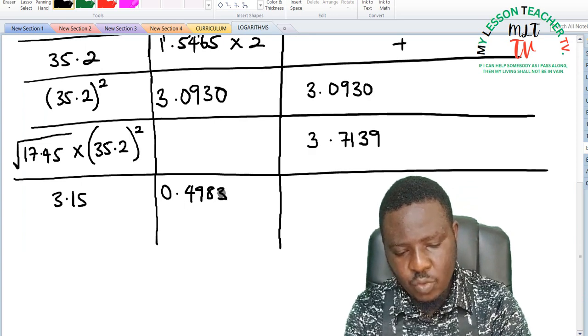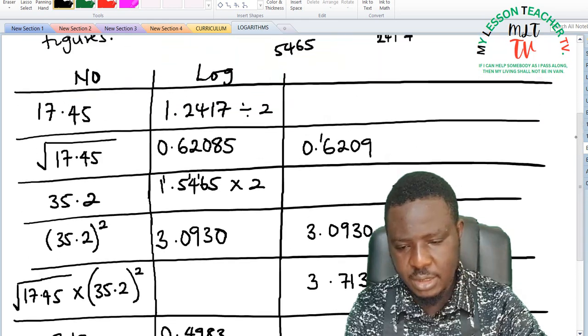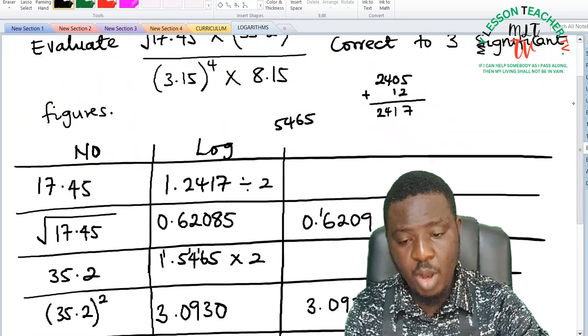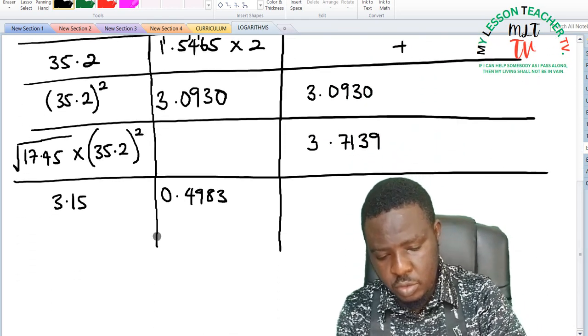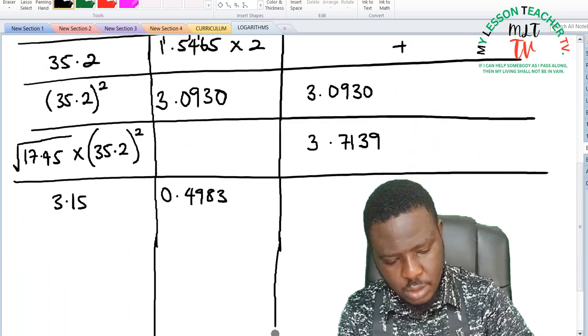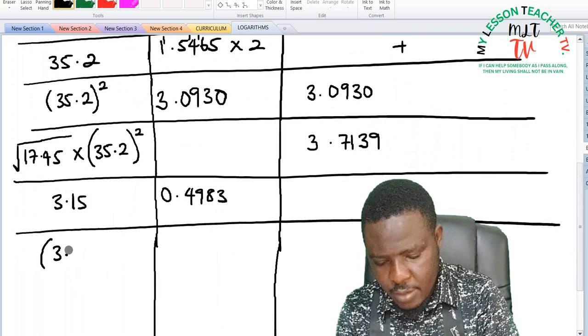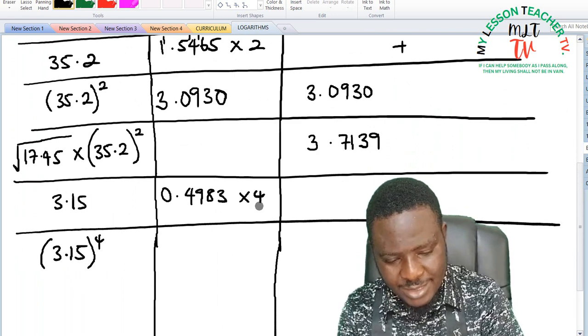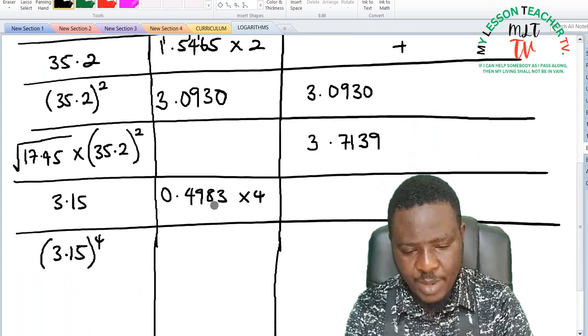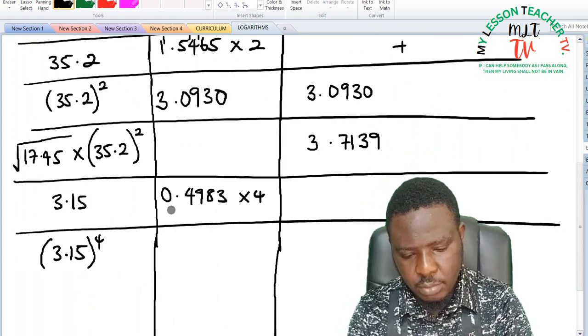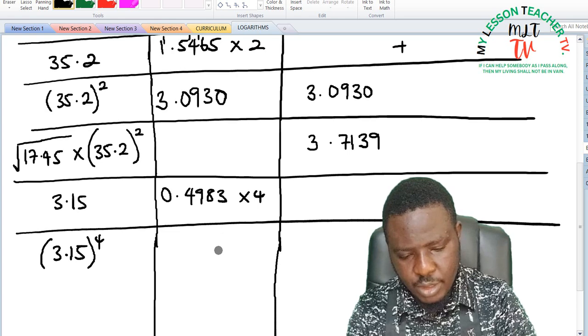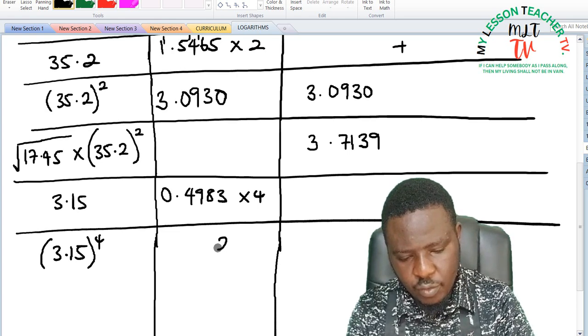4983. The question says we should raise it to power 4. So this will be 3.15 to power 4, which means I'm going to multiply this by 4. When you multiply by 4, 3 times 4 is 12.